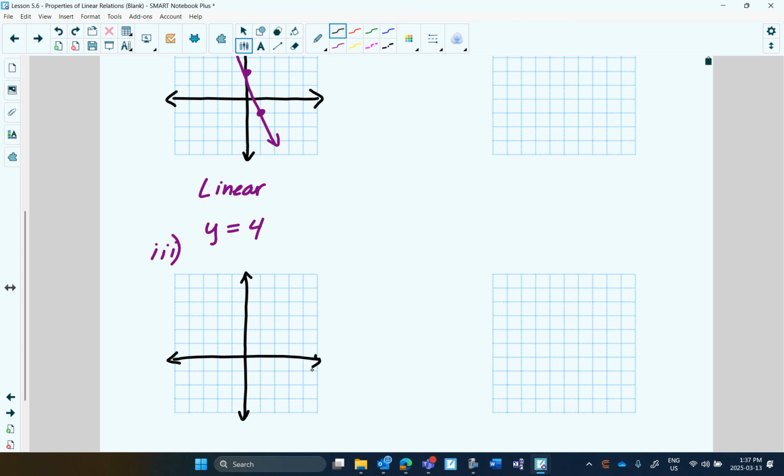So find a point on the grid where y is 4. There's one. And it's a horizontal line. Remember, don't just plot one point, which is what some of you have been doing. Y equals 4 is a line in which this point is just one of the points. Linear? Yep.